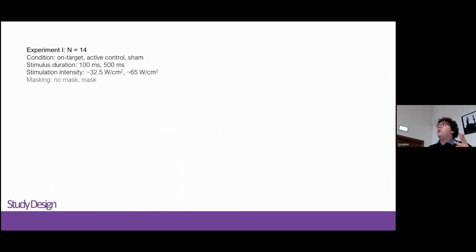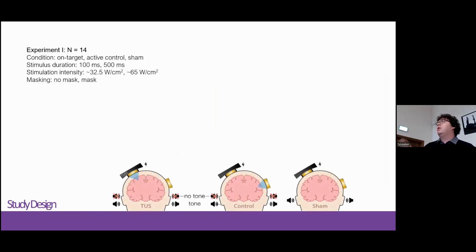So let's move to our own work. In a first experiment with 14 subjects, we looked at a number of conditions, including a control condition in which we stimulated a control region, and also a sham condition where we just administered a sound alone. We also did those both with and without a masking stimulus to block any potentially audible differences.